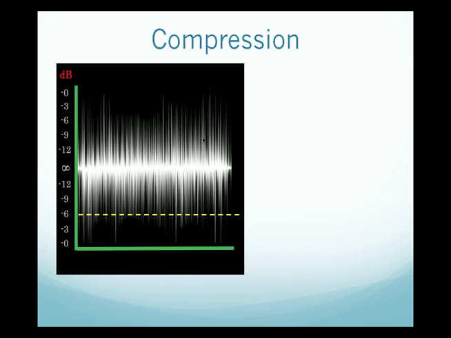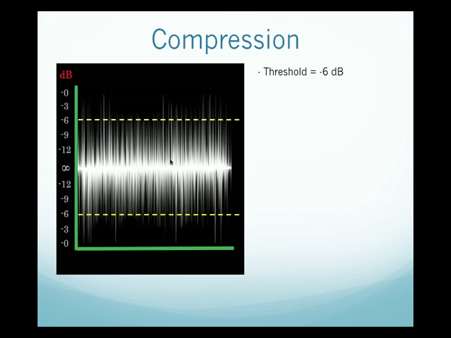If we start out and we look at our threshold, threshold could be represented by these dashed lines, these yellow lines. We look at the information inside the yellow lines as being where most of that audio exists. And then some of that information exceeds the yellow line.